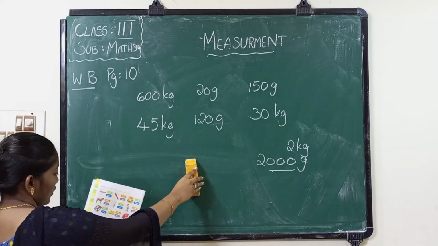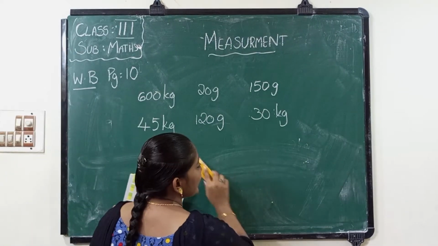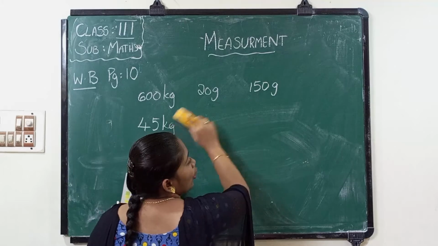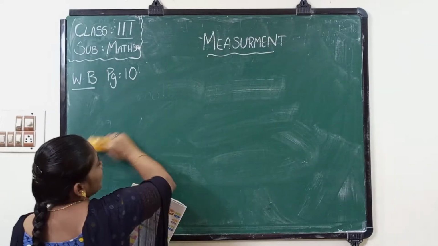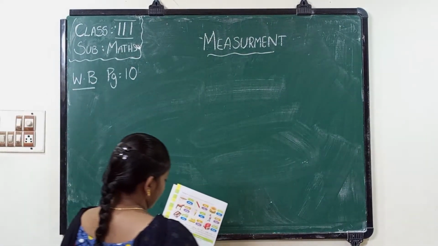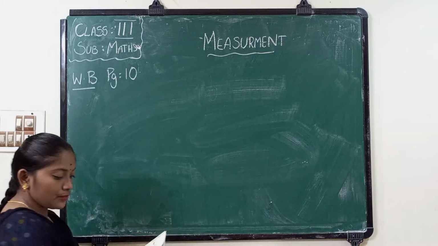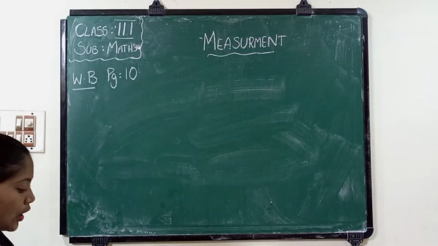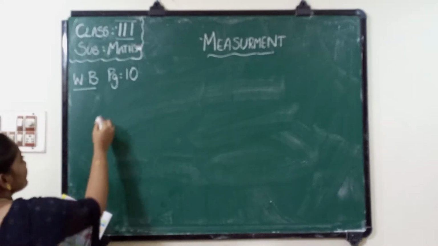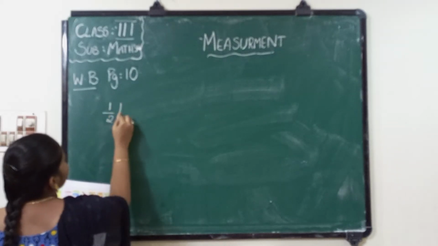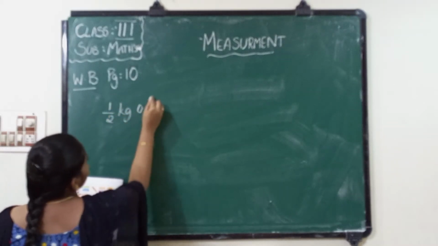And one person is there. Articles means groceries here, and some vegetables also there in his shop. So articles. First one is half kg of dal. Half kg of dal.